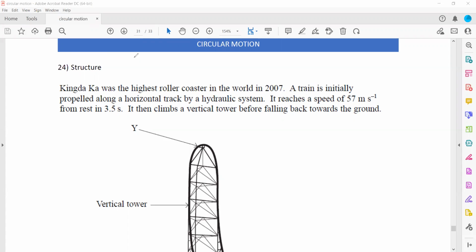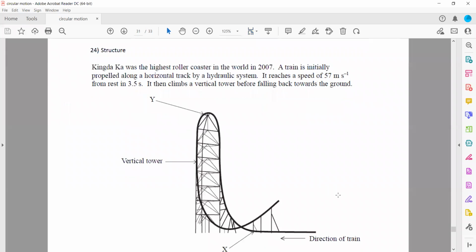the highest roller coaster in the world in 2007, which is Kingda Ka. A train is initially propelled along a horizontal track.